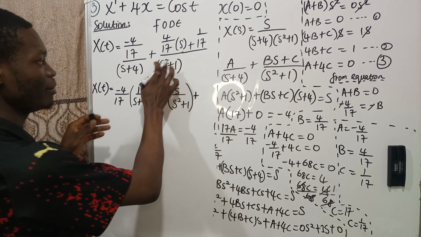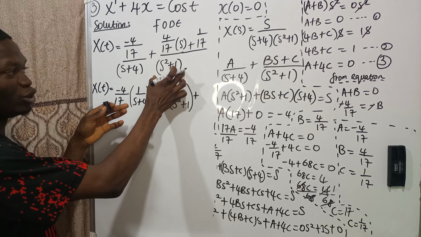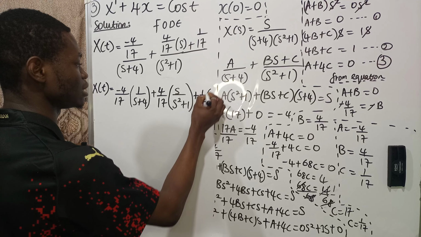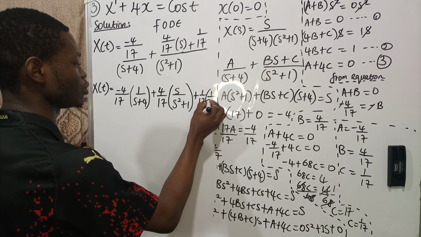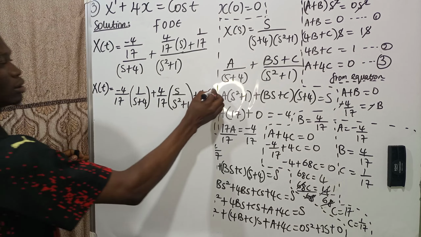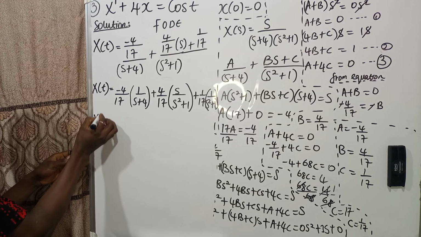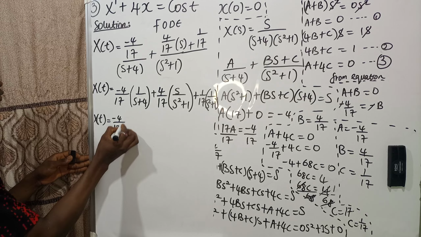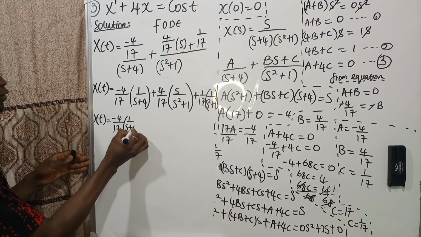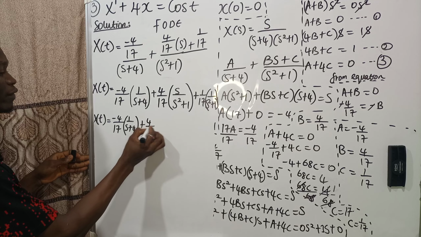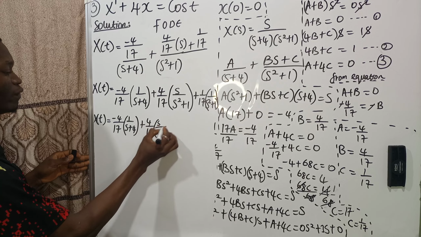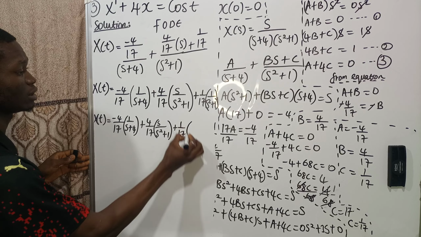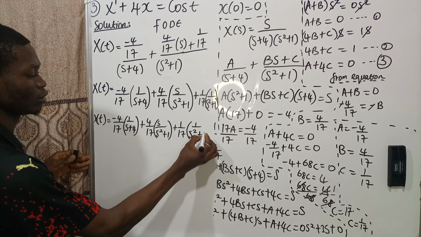Then plus 1 over 17 times 1 over s squared plus 1. So x of t equals minus 4 over 17 times 1 over s plus 4, plus 4 over 17 times s over s squared plus 1, plus 1 over 17 times 1 over s squared plus 1.